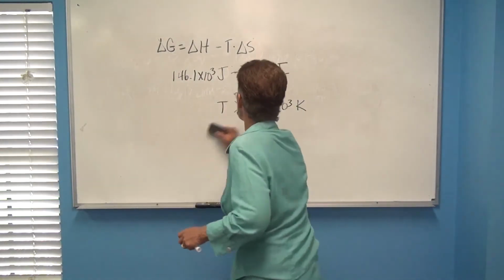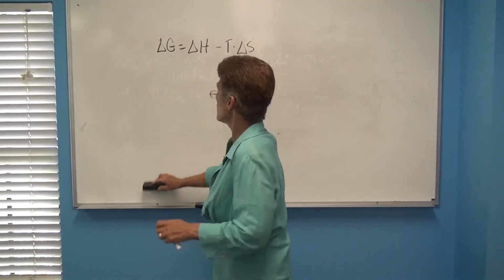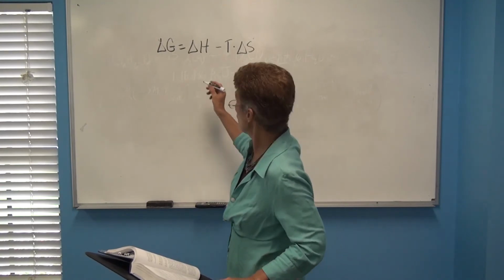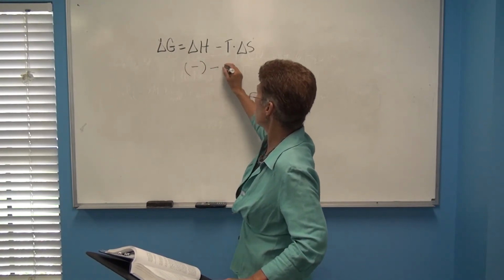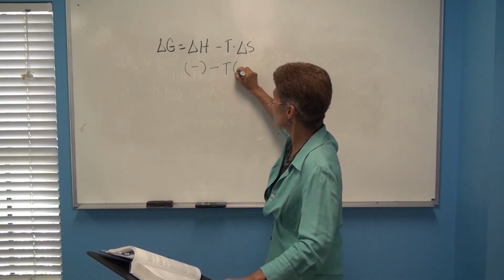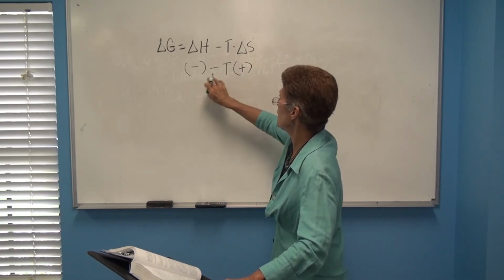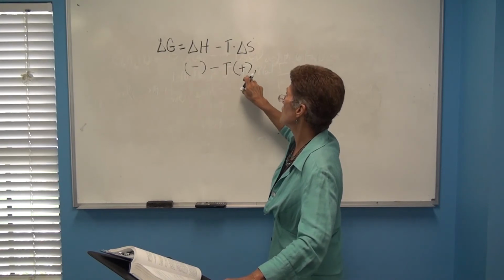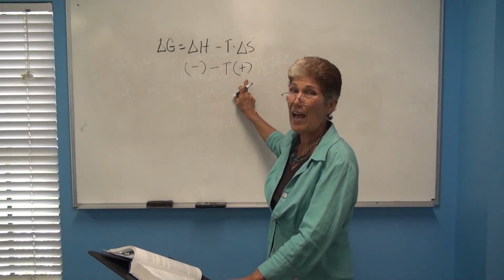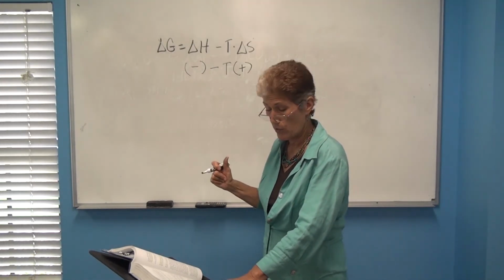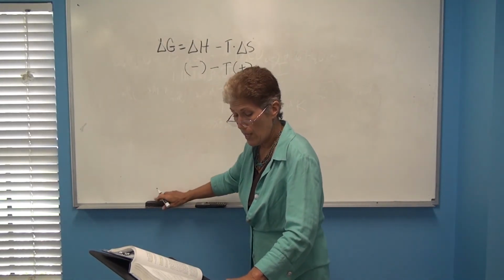I just want to make sure you see that, because this stuff's on your test. On B, they give you a negative enthalpy, minus the temperature, and then a positive entropy, which means it's a negative minus a positive, so it's going to give you a negative delta G. That's spontaneous at all temperatures.